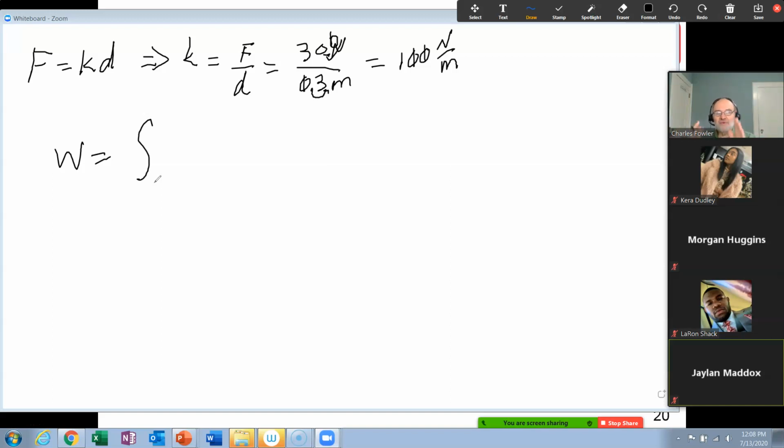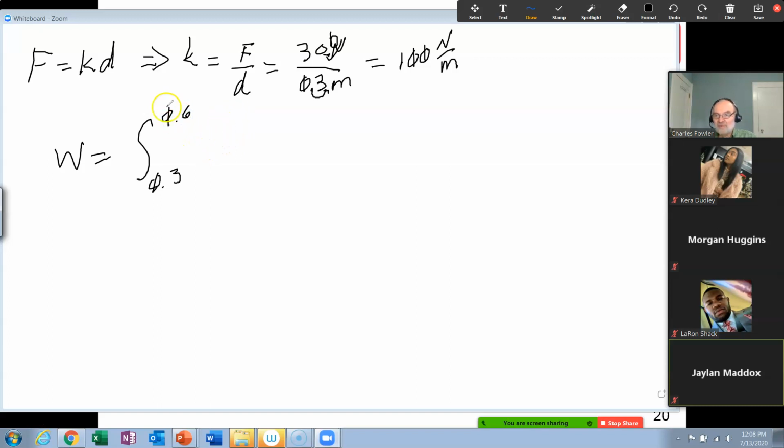Okay, so remember the spring was originally 1.5 meters in length. We compressed it to begin with 0.3 meters, and now we're compressing it again another 0.3 meters. So where we're going from here, and this is all they're asking about, how much work did it take to do an additional 3/10 of a meter? So you're going from a compression of 0.3 meters to a compression of 0.6 meters.